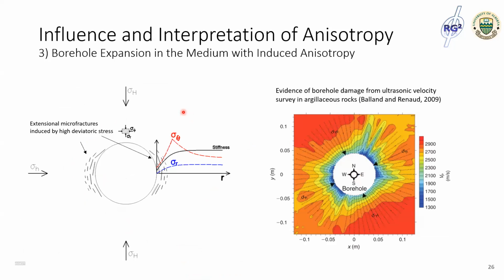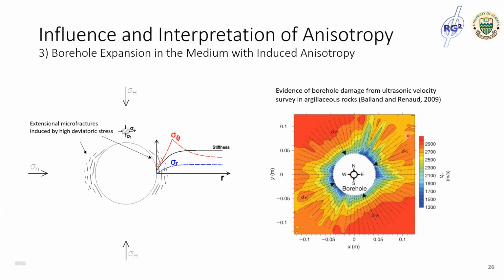And the stiffness anisotropy could also be induced by the local stress concentration around the borehole after unloading. When high deviatoric stress is present, extensional fractures parallel to the borehole wall might be initiated, and this would lead to the reduction of the stiffness. The induced anisotropy after unloading was also shown in another geological claystone in the underground laboratory in France.